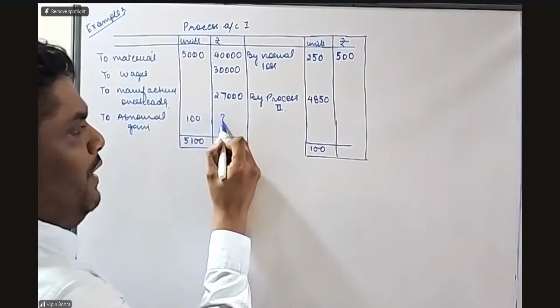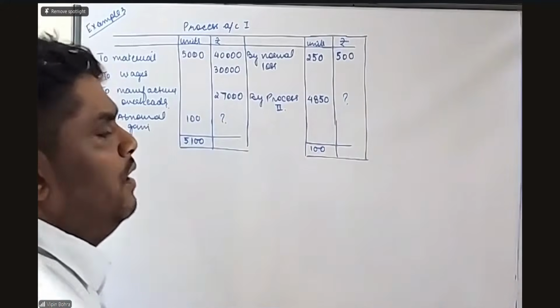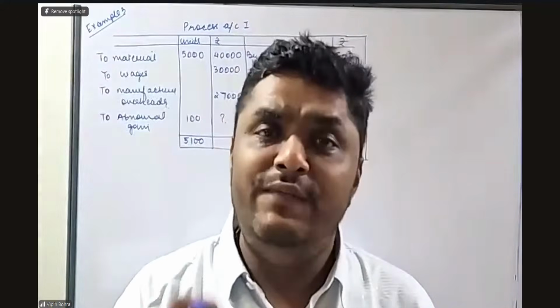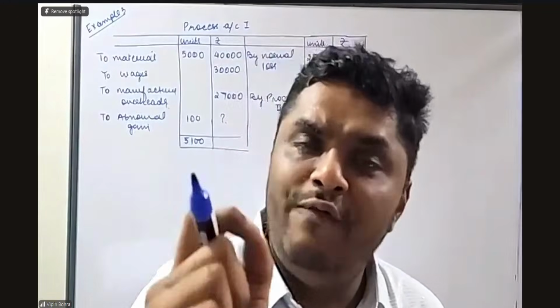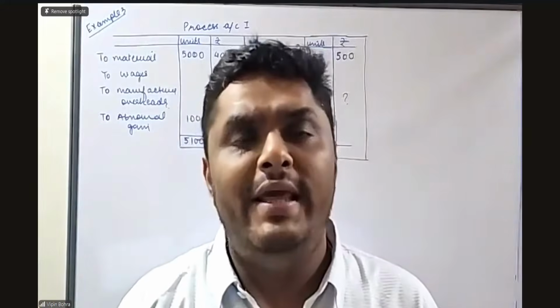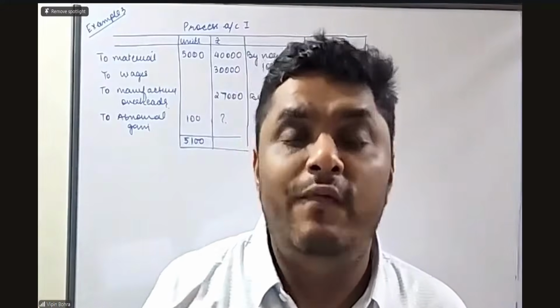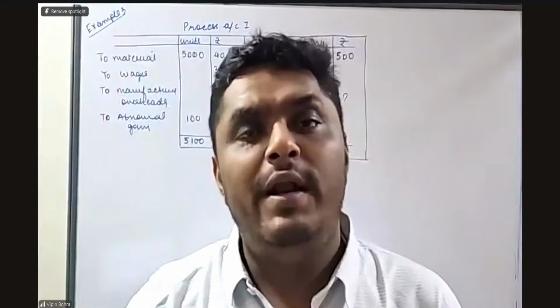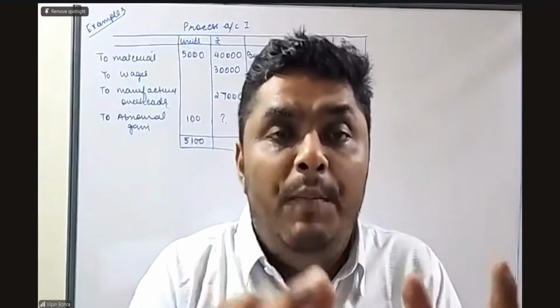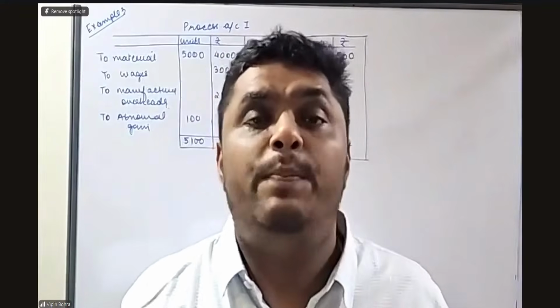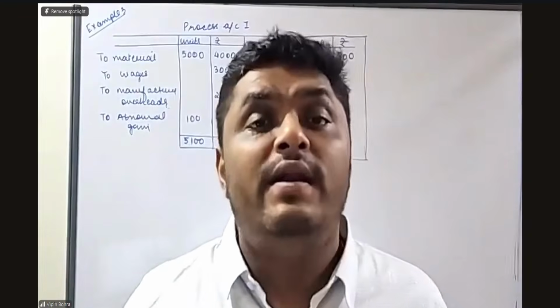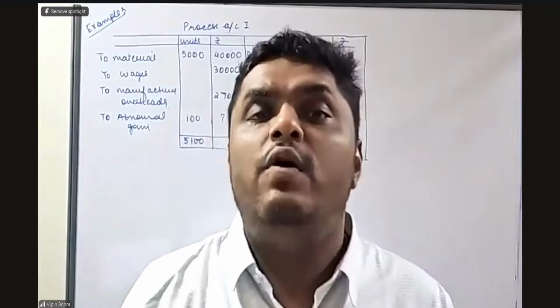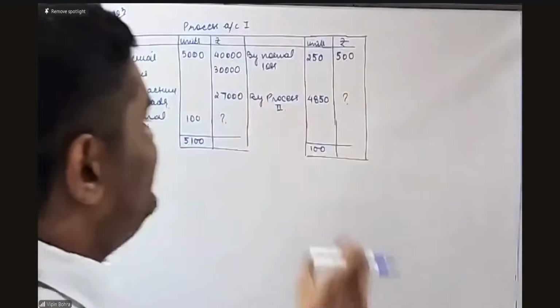Now we need to calculate the value. As I told you guys, very important, the value of abnormal loss or abnormal gain will be equal to the value of good units. Neither will the product cost be inflated nor will the product cost be decreased. So abnormal gain and abnormal loss make no difference to the product cost. The product cost will be the same. That is the same concept.